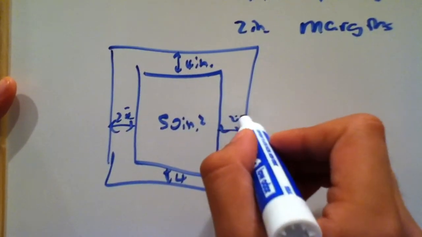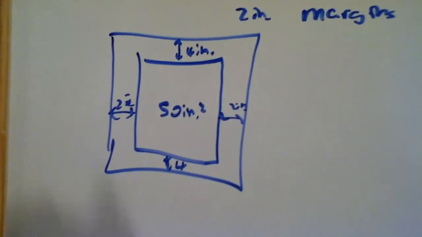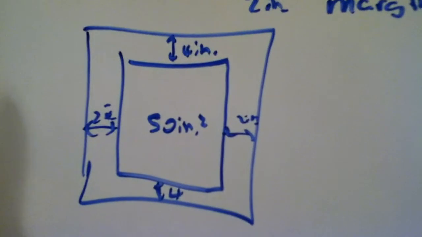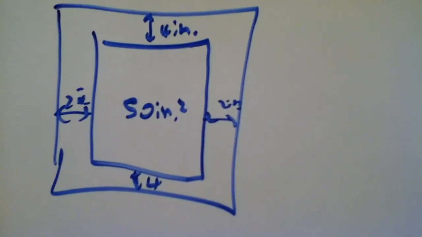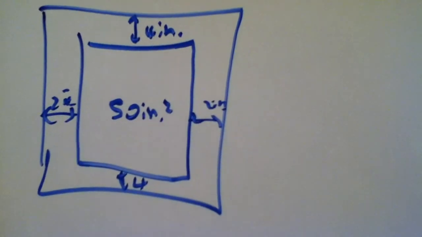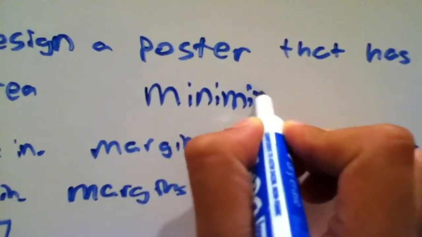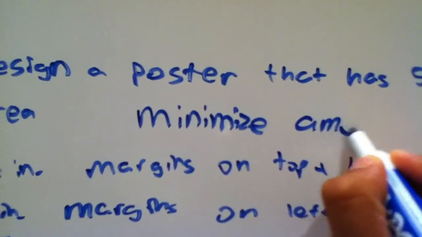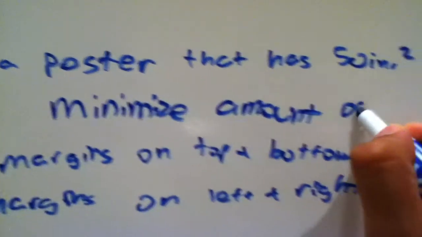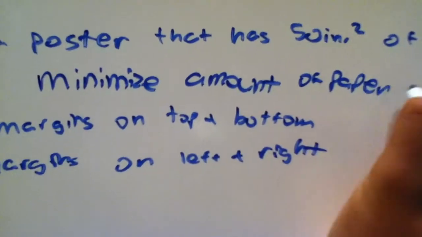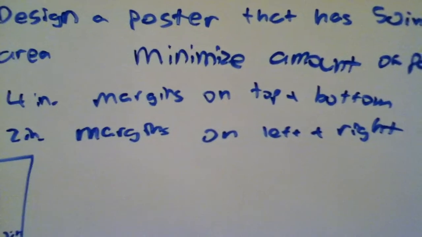And you have to design this poster with all these things, and you want to minimize the amount of paper used. So this is where the min-max stuff comes in.